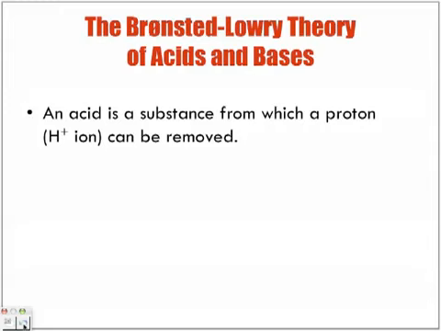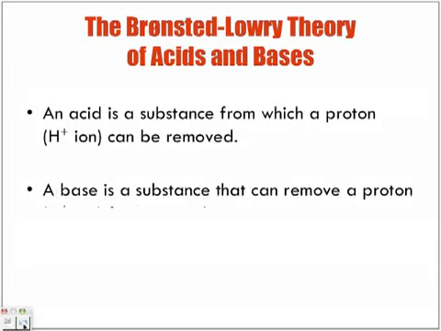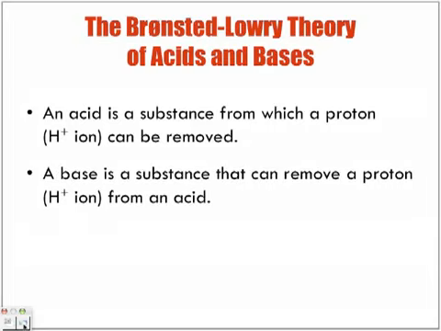We can take away a hydrogen proton and put it somewhere else, give it to one of the other molecules. A base is a substance that can remove a proton from an acid. So one's going to give the proton, and one's going to receive the proton. And so that's really where the real acids and real bases lie.